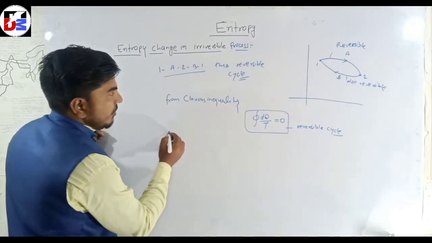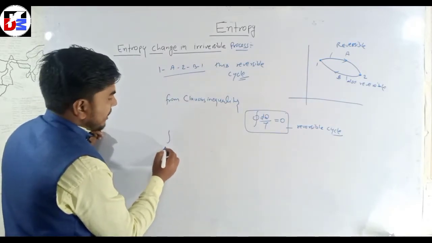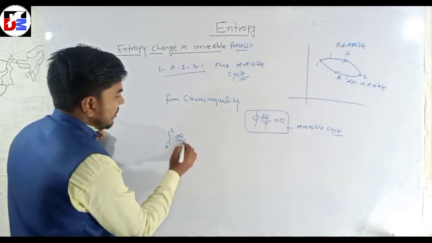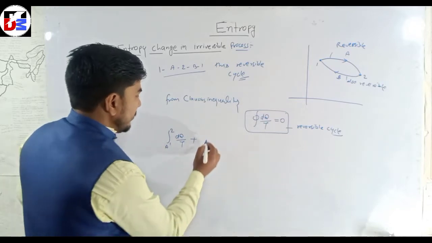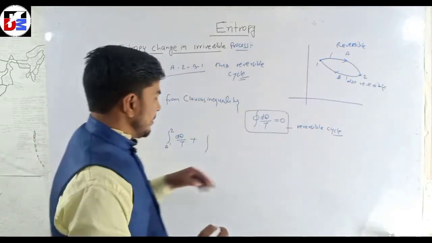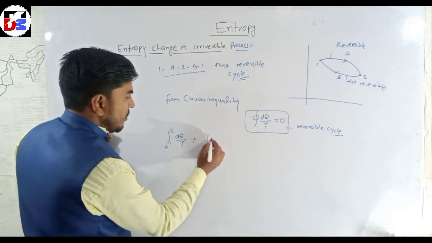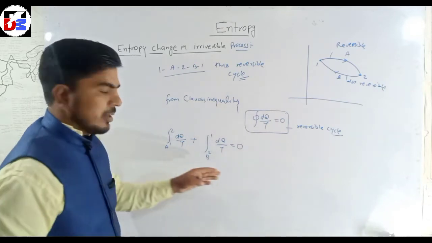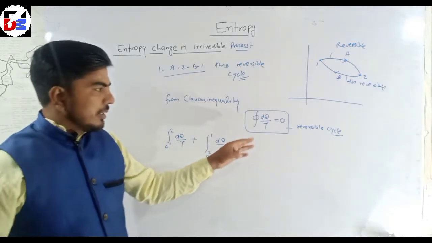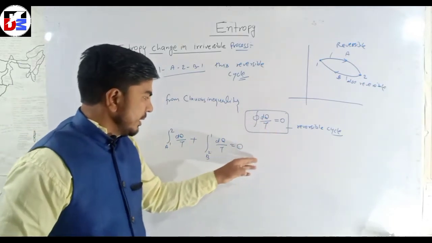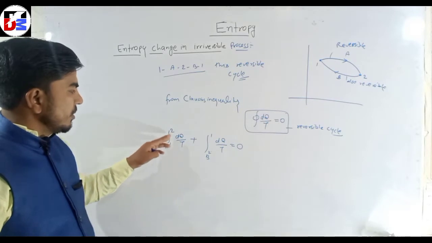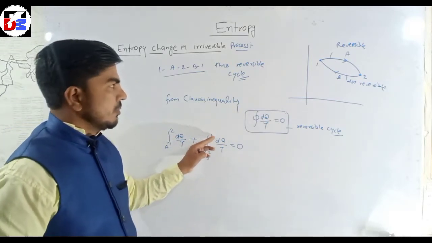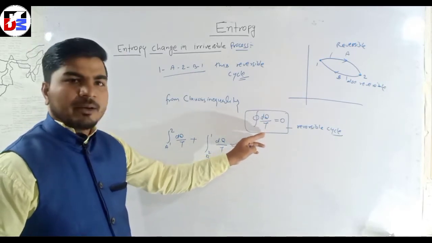For the cycle, path A from 1 to 2 of dQ/T plus path B from 2 to 1 of dQ/T is equal to 0. From here we can write the integral from 1 to 2 of dQ/T along path A, plus the integral along path B from 2 to 1 of dQ/T, is equal to 0.